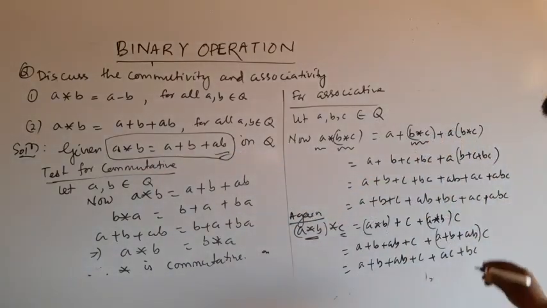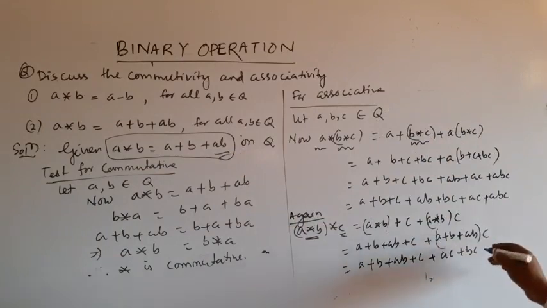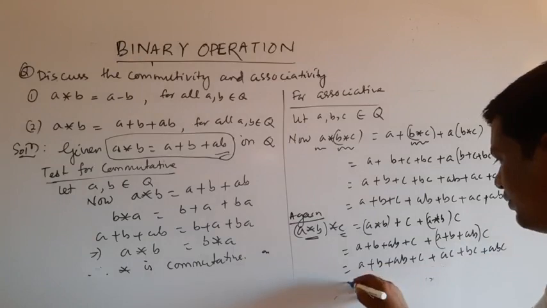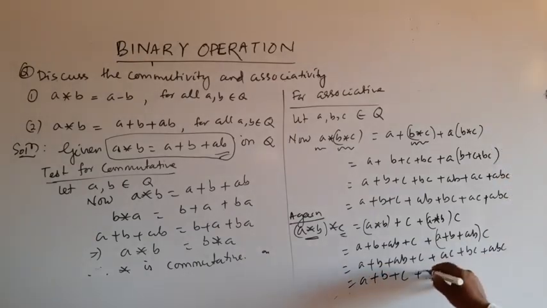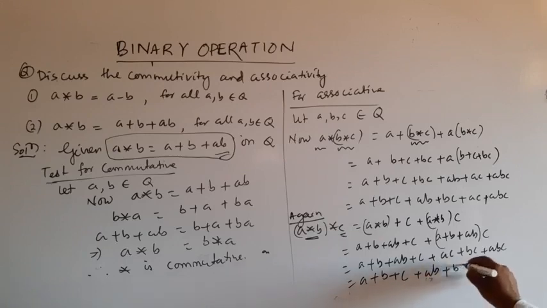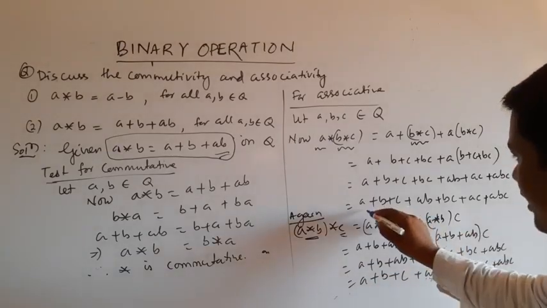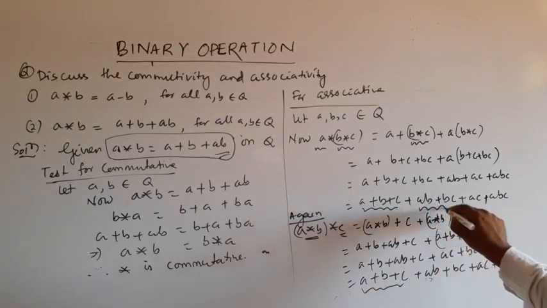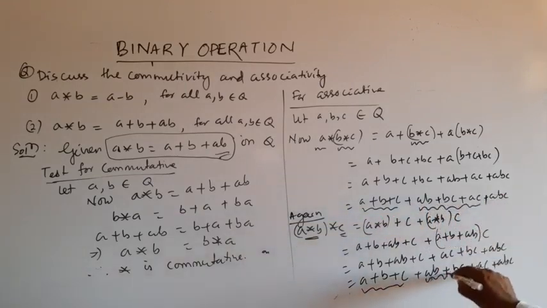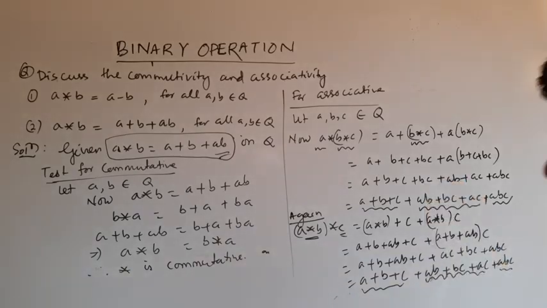So it is ac, bc plus abc. So this will be a plus b plus c plus ab plus bc plus ac plus abc. Both are equal.